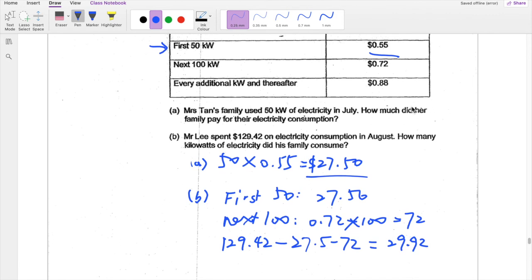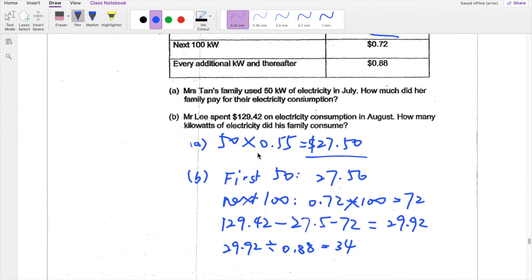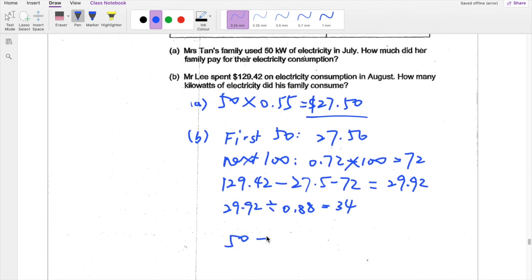But the unit fee is 0.88. Then the additional kilowatts is 29.92 divided by 0.88, which gives 34. It means that for the extra, you have 34 kilowatts. Then how about in total? Well, the total is 50 plus 100 plus 34, which gives 184.